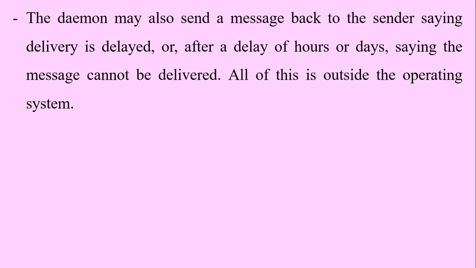The daemon may also send a message back to the sender saying that delivery is delayed, or after a delay of hours or days, saying that the message cannot be delivered. All of this is outside the operating system.